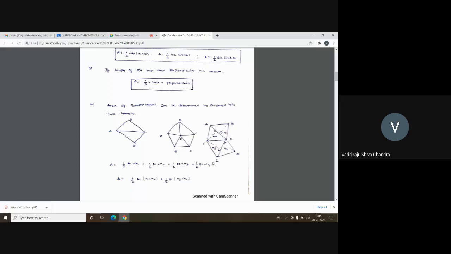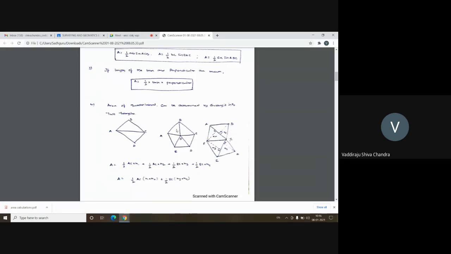The only thing is, we'll be dividing the given study area into a set of triangles, trapezoids, rectangles or squares, depending on the existing scenario in the field. Here you can see there are four triangles. I can calculate the area of the four triangles individually, and if I sum them up, I'll get the total area enclosed within this boundary.